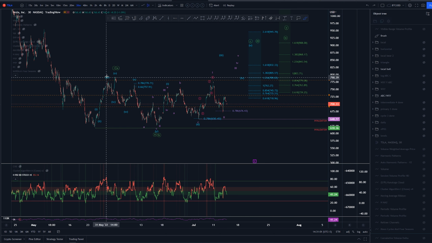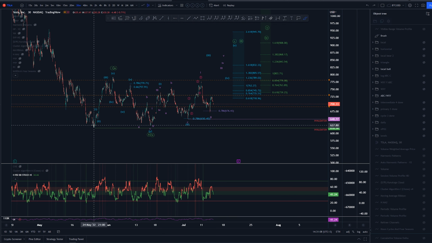And I can't really fit the 1, 2 scenario on any of the structures. However, it is still possible that I have made some kind of mistake and overlooked something on the higher time frame, and therefore I want to keep this structure alive as long as it has not taken out these lows that we had in place since the 24th of May.